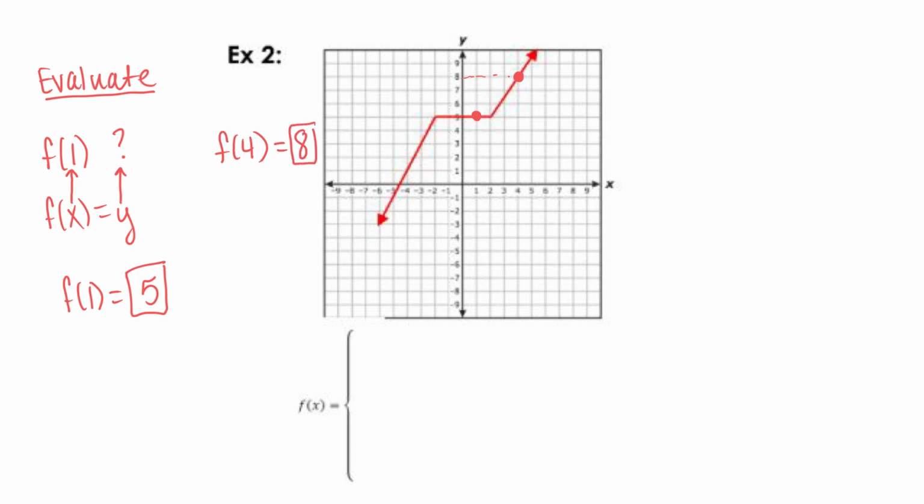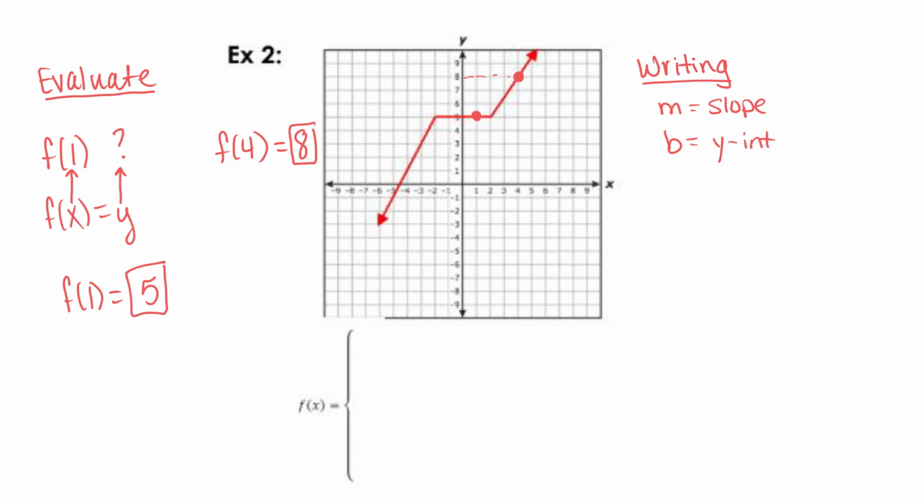Okay, now we're going to use this method to kind of write our equation as well. Now remember, when you're writing an equation for a line, you need to know two things. You need to know your m, which is your slope. You also need to know your b, which is your y-intercept.